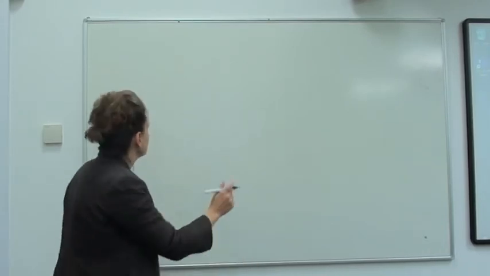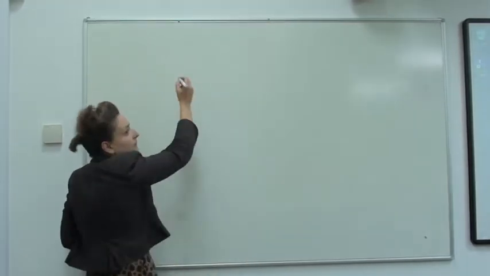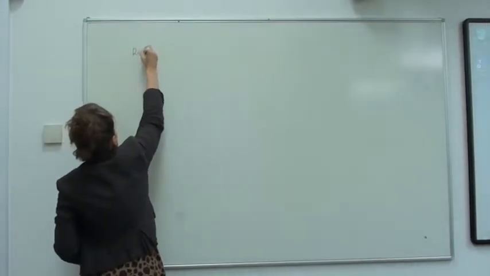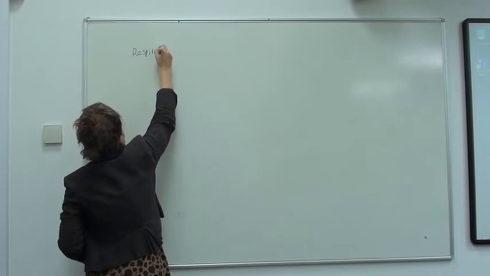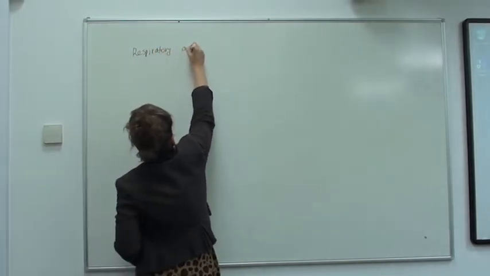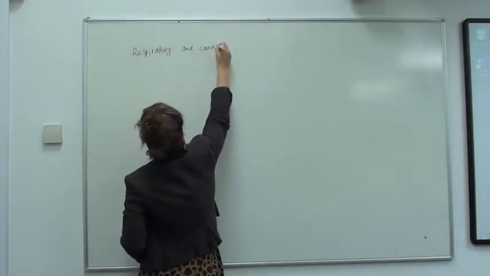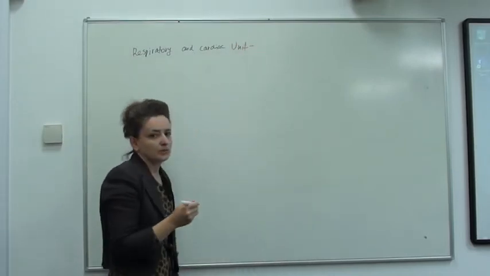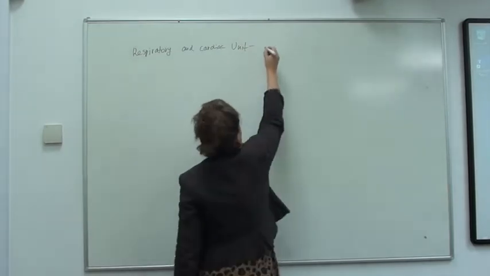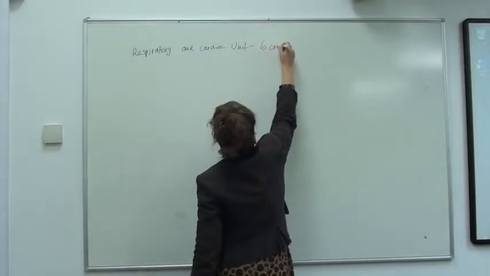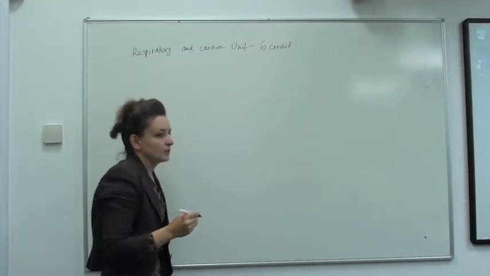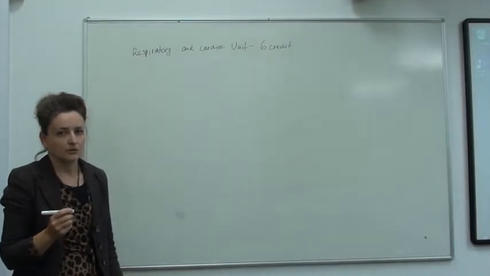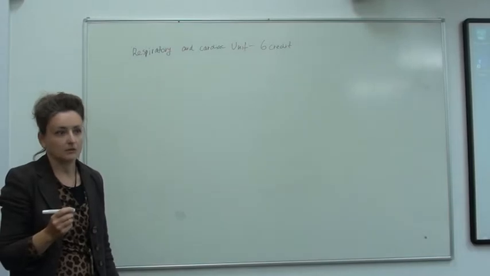Okay? So as I said, we are looking at the respiratory and cardiac unit. As mentioned before, this is 6 credit. I think you've got it written down already. And the first assignment in this unit is all about the respiratory system, so that's what we're looking at today.